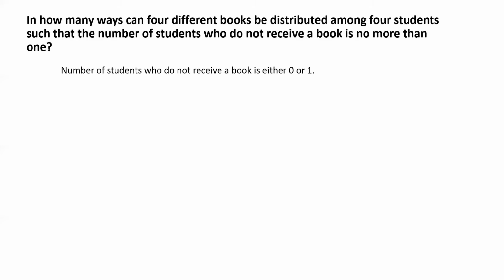So let's consider the students to be PQRS and the books to be ABCD, so that we have a name for every student and a name for every book. We realize that all of these quantities are different, which is important when we are considering a problem in permutation.